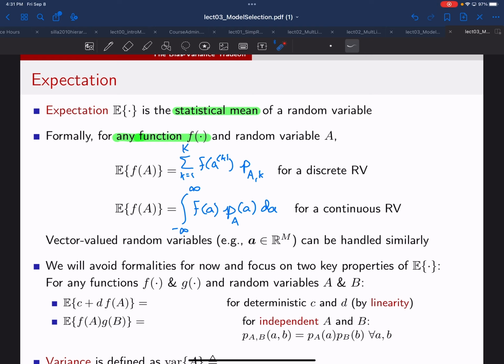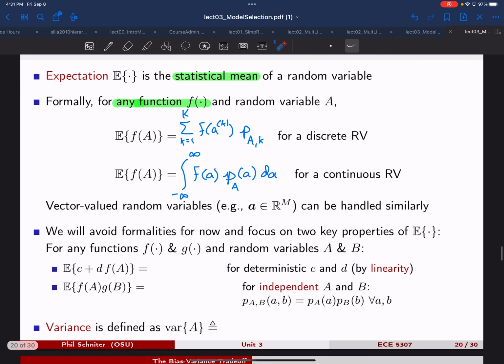Okay, so like I said, we're not going to dwell on a lot of this stuff, but we will need to use expectations very frequently, and there's really only a couple things you need to know about them that will cover all the bases. Basically, two properties, linearity and independence. So first, we'll start with the linearity property.